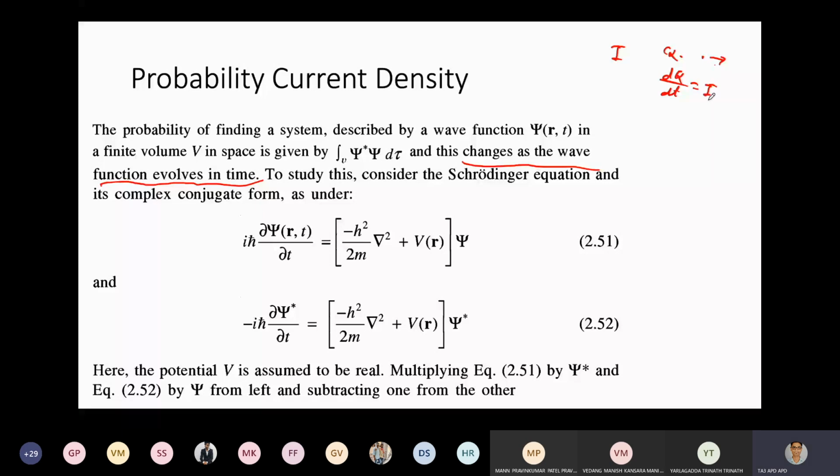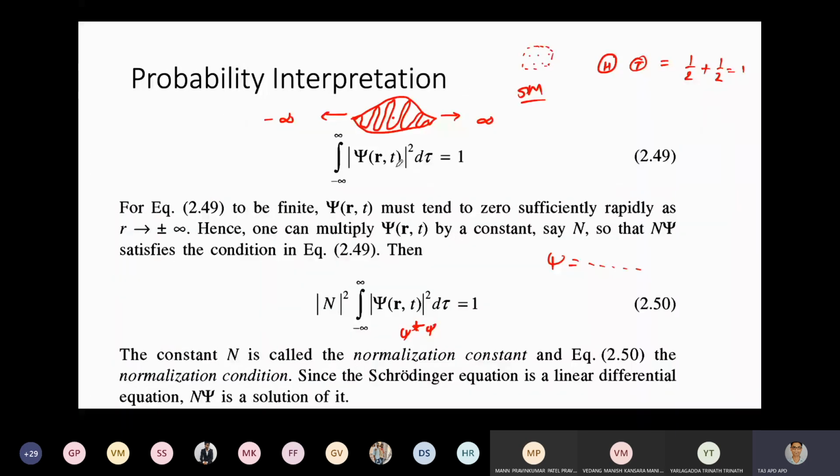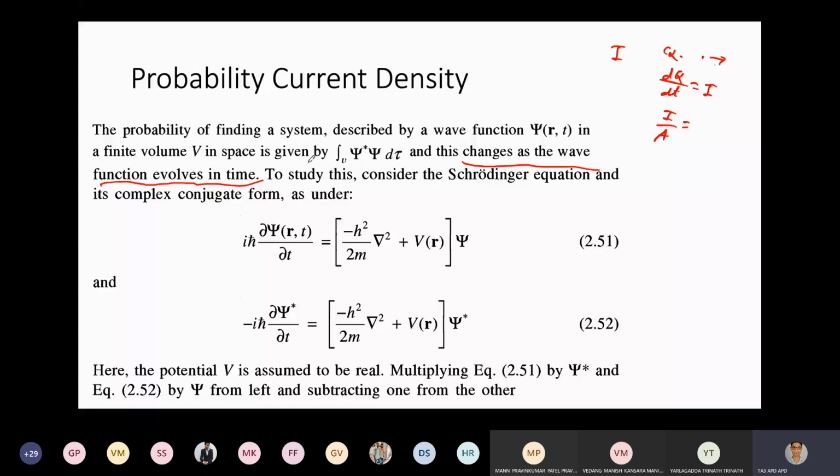We simply take the current I divided by its area, which we call current per unit area, है ना, and उसको फिर we can use as a generalized concept to study any system. In the similar manner, over here, we know this is the probability which is there for the given wave packet or for the given particle or for the given wave. But this probability changes over a period of time as the wave function evolves in time. So in that case we are defining this new term.